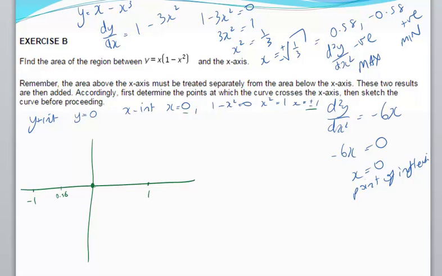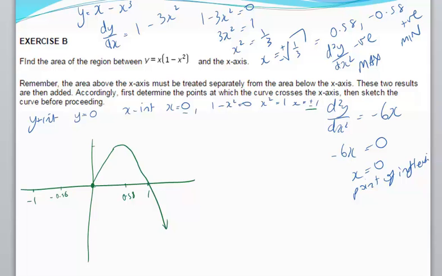Our maximum is going to be at about 0.3 on the y-axis, so it's going to go over here. That was our point of inflection to our maximum, and then we continue down here. At negative 0.58, we have a minimum.